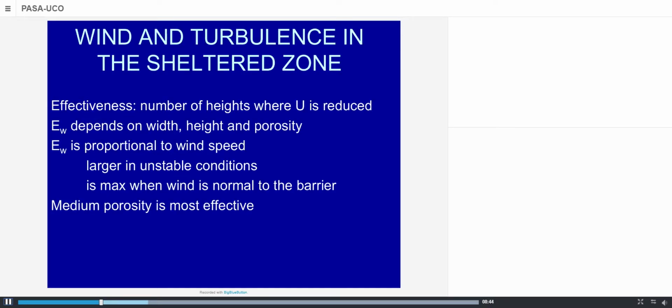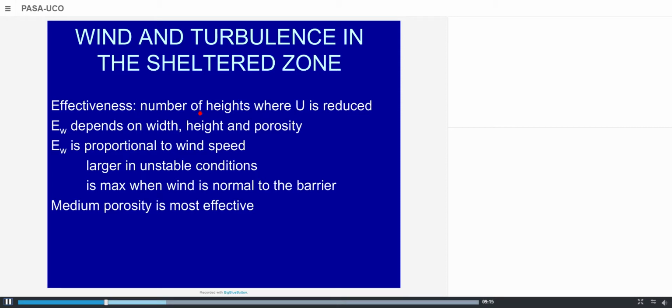Okay, let's see how the presence of a windbreak affects the environmental conditions in the protected area, in the sheltered zone. We define effectiveness as the length of the space where wind is reduced, and it is measured as the number of heights of the windbreak where U is reduced.